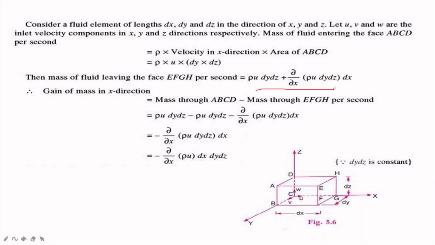So this is rho u into dy dz plus partial differentiation of rho u dy dz into dx, with the minus bracket. This is the first step.